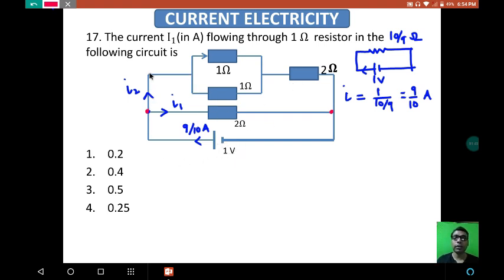So this is A and this is B. The equivalent resistance through this is again 1, this comes to be 5 by 2. This is 2 ohms.